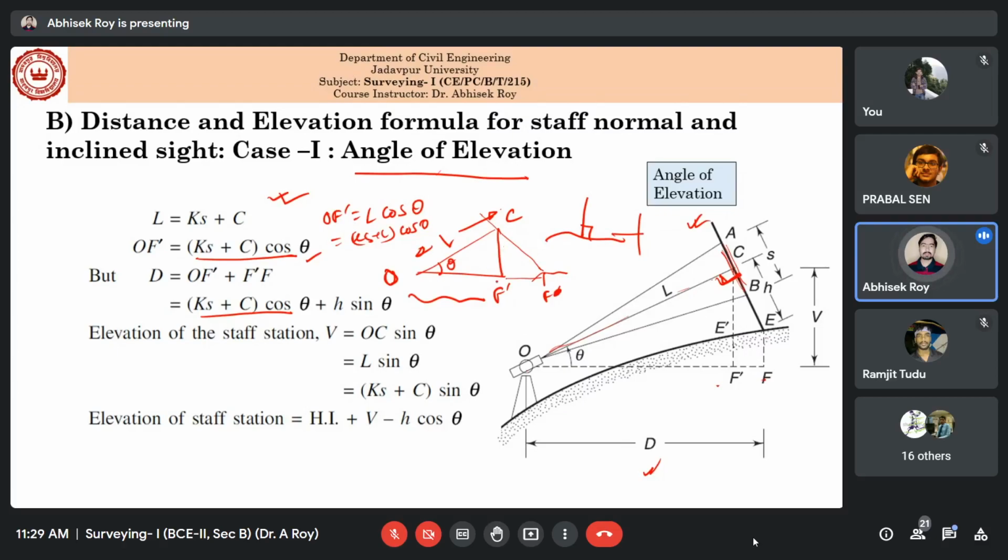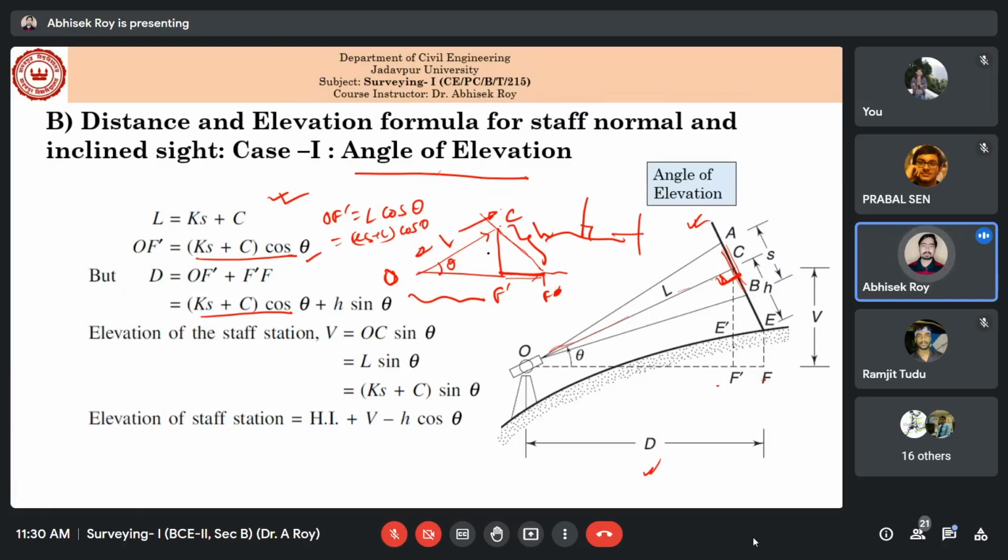So how will we calculate F dashed F? Let us see. You know this reading for the staff, the middle stadia reading, that means you know this H, right? Now if you know this H, and you add this F and F dashed, what will happen? See this triangle.